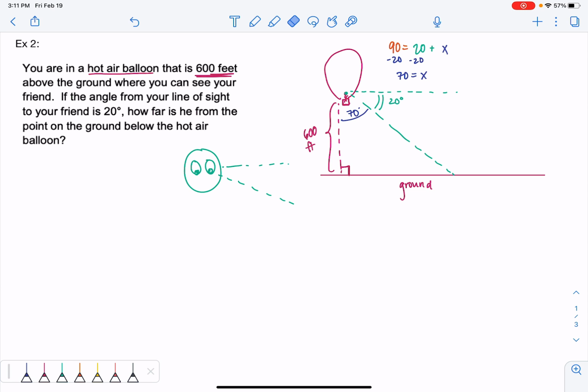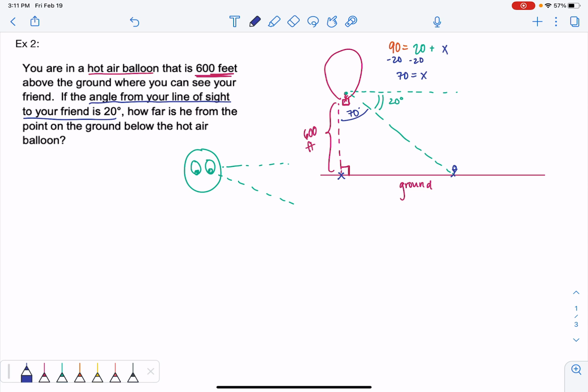Okay, so that was the angle from our line of sight. How far is he, the other person, from the point on the ground that's here below the hot air balloon?